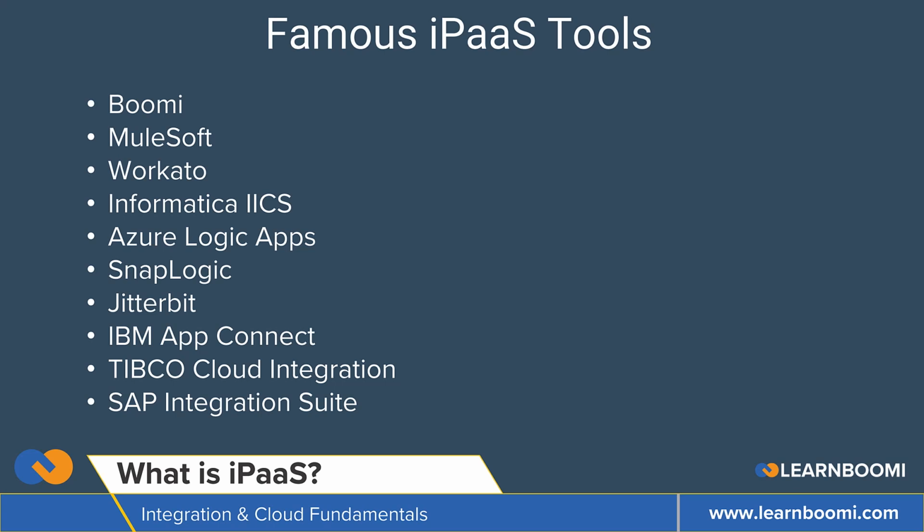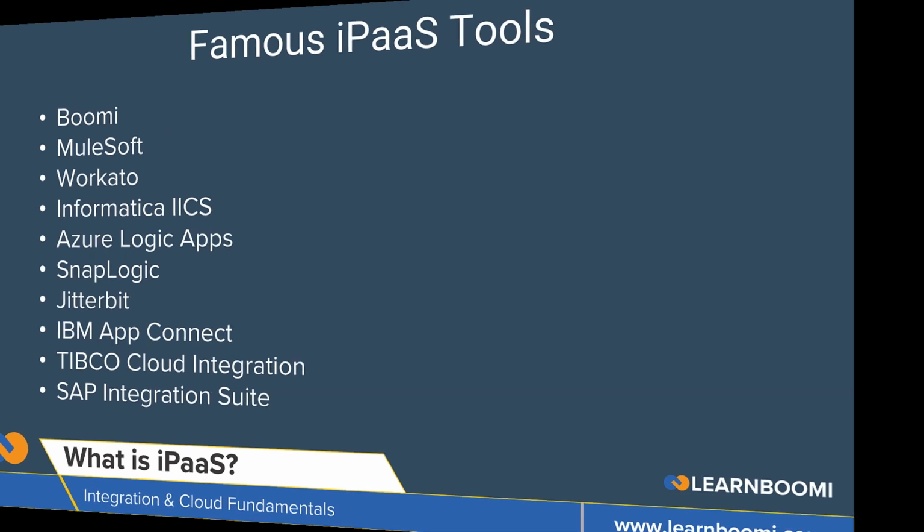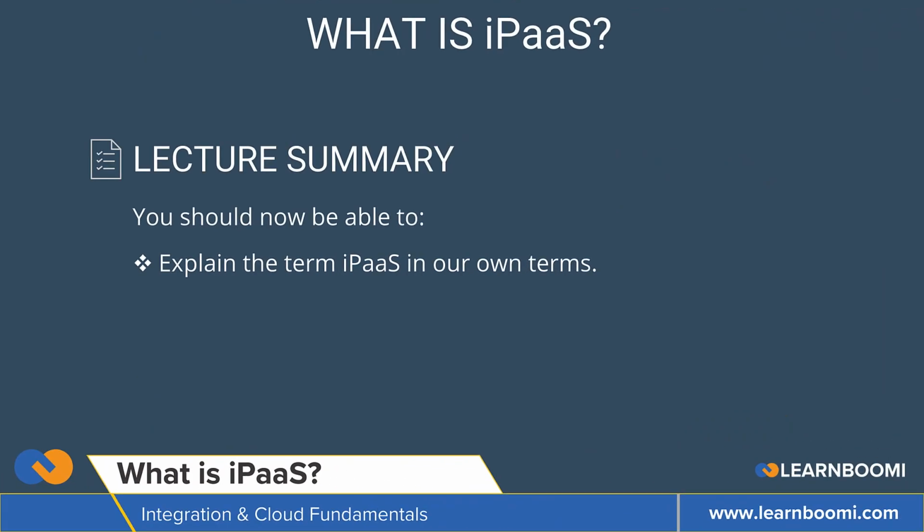Then you have SAP Integration Suite, SAP's iPaaS platform used for connecting SAP and non-SAP applications across cloud and hybrid landscapes. These are the famous iPaaS cloud tools that you need to know before learning about Boomi, because there are so many iPaaS applications available in the market now. Remember, iPaaS is a specialized category within PaaS that focuses on integration and automation.